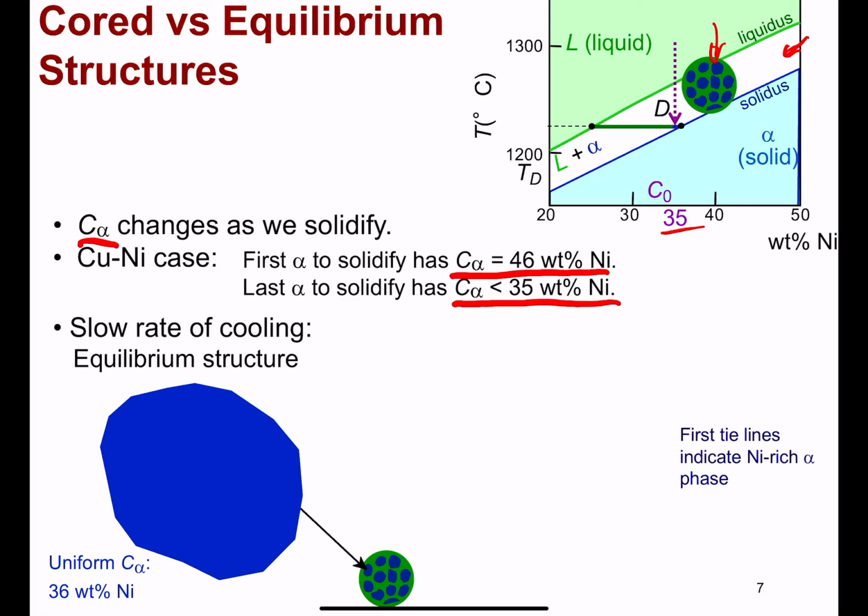So these calculations are for what we call equilibrium structure conditions. That is where we've allowed all phases to re-equilibrate the nickel content per the information in the tie line approach.